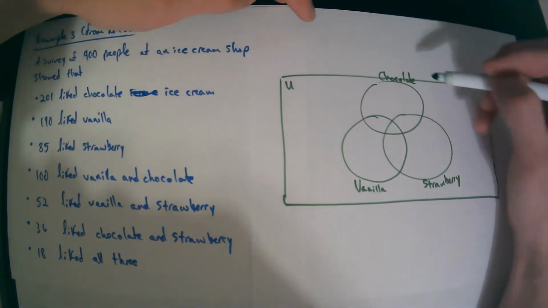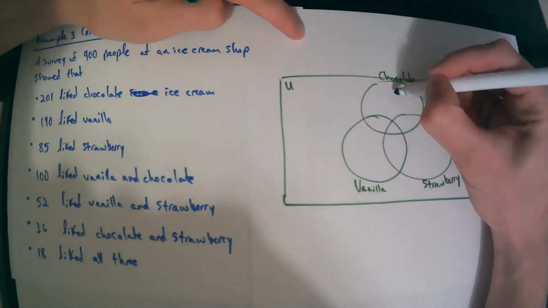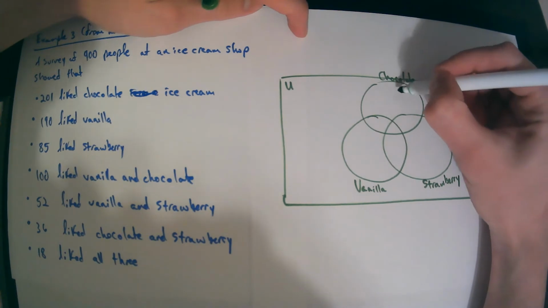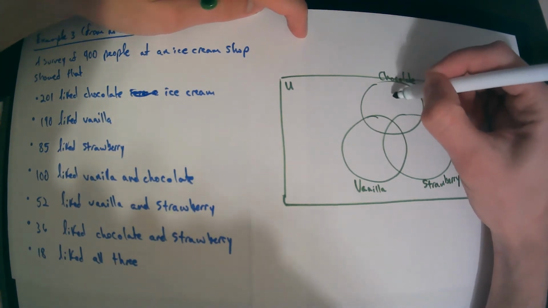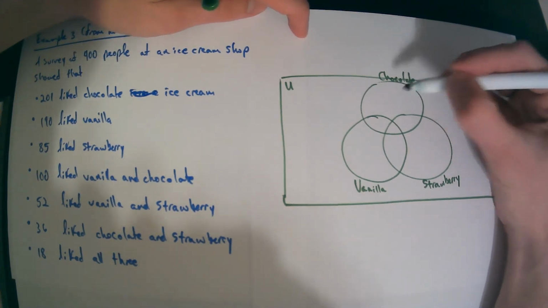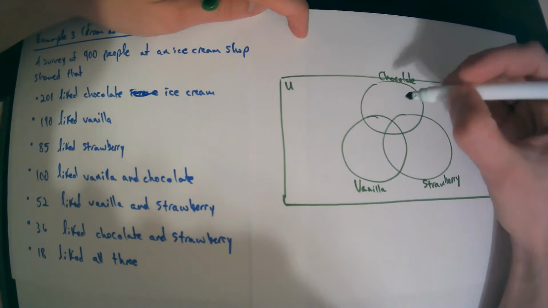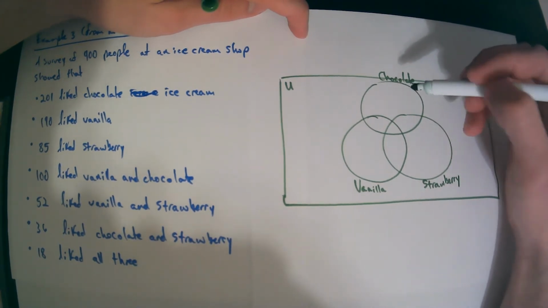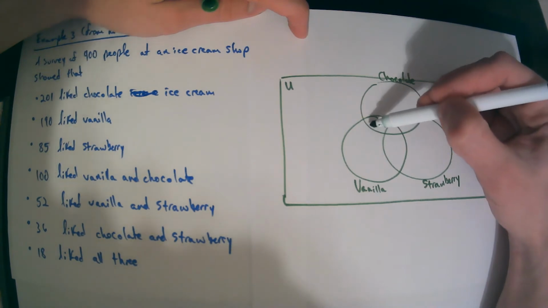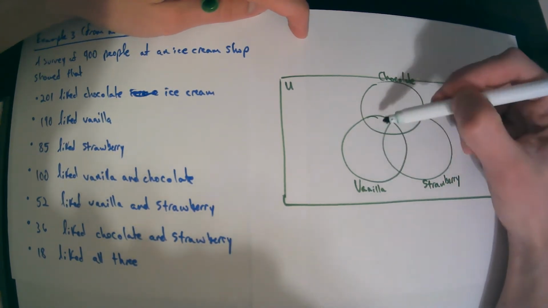Because this spot right here is not the total number of people that like chocolate ice cream. This spot where I'm pointing is reserved for the people who like chocolate ice cream but don't like any other flavor. That's the difference. And for another example, this spot, the intersection of chocolate and vanilla, right?